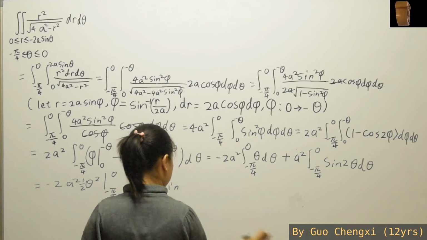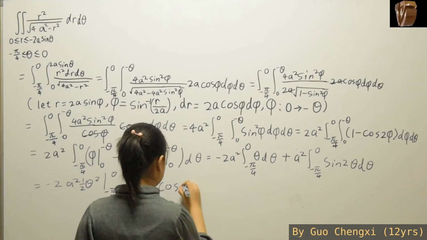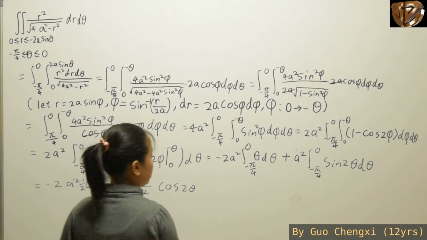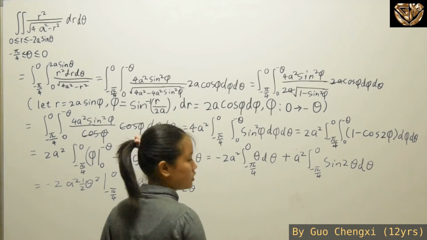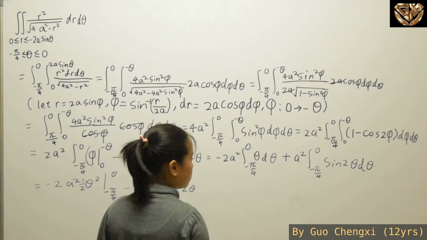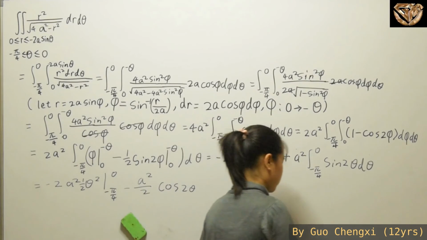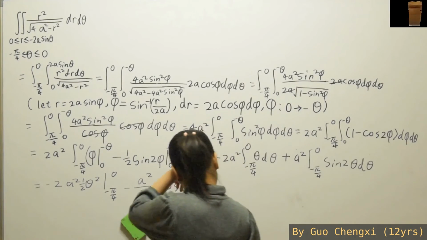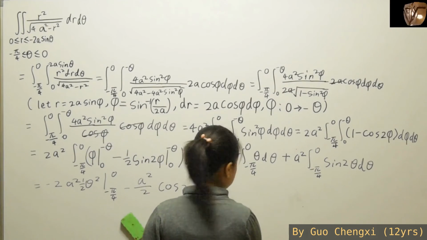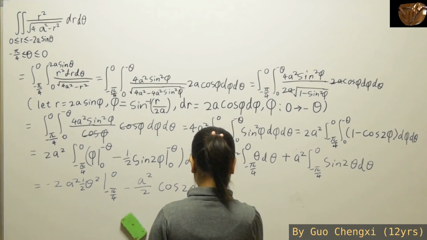The sine will become a cosine instead, and sine integration becomes negative cosine. Then you end up like this with this part, and then you can also substitute.